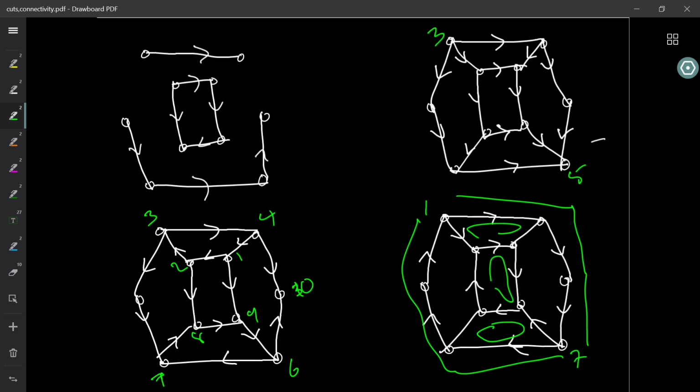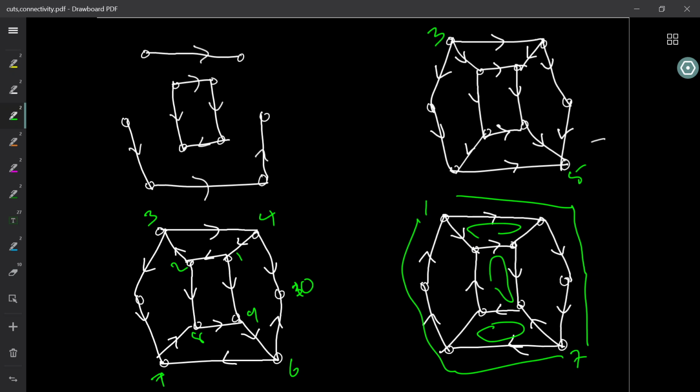This one is also weakly connected. But there is some difference between the second one and the third one, in the sense that if you look at the third one, there are directed cycles. 1, 2, 3 is a directed cycle, and there is another directed cycle, 8, 9, 6, 7.